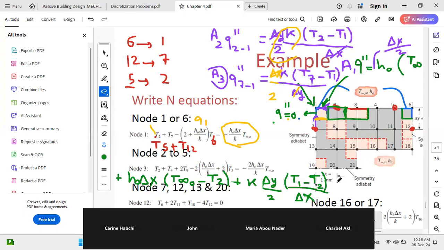Plus, now for the conduction coming from 3 to 2, it's plus k delta y over 2 times T3 minus T2 over also delta x.